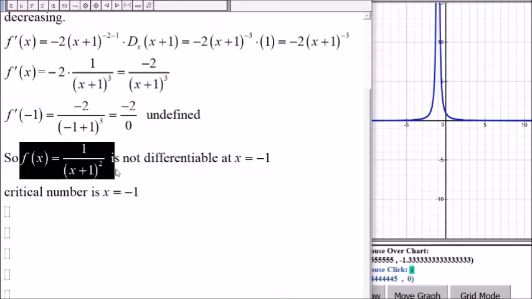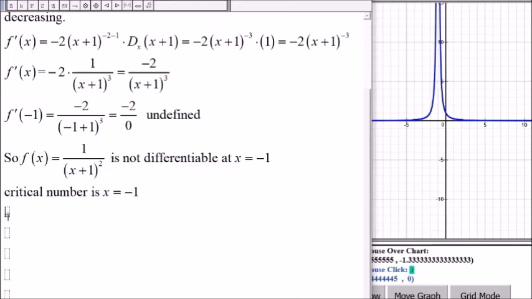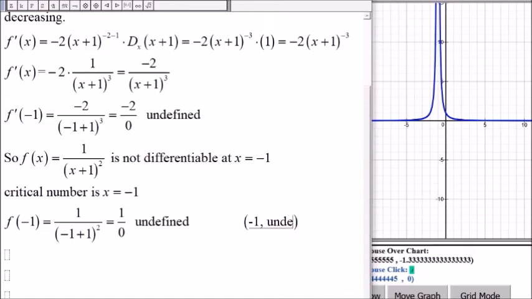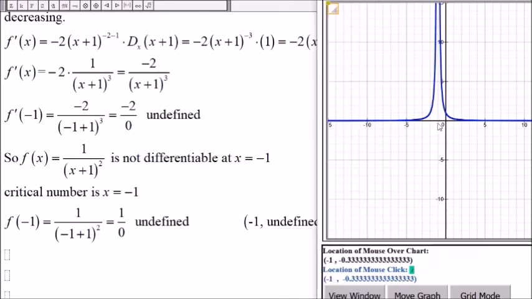If we evaluate the function at the critical number, we also get undefined. So when x is negative 1, y is undefined. That tells us that this value right here is indeed negative 1.